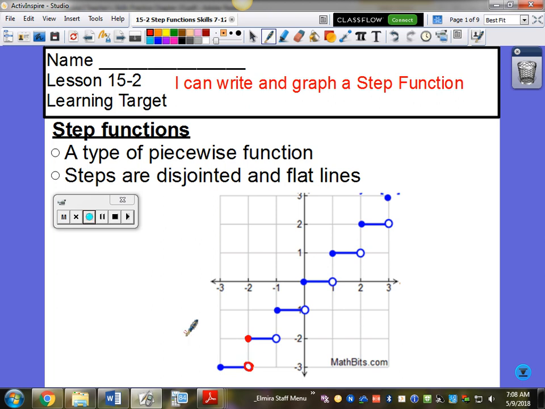And that's what keeps it a function. You cannot have a closed circle on both. And I can't really think of too many circumstances where you'd have an open circle on both.